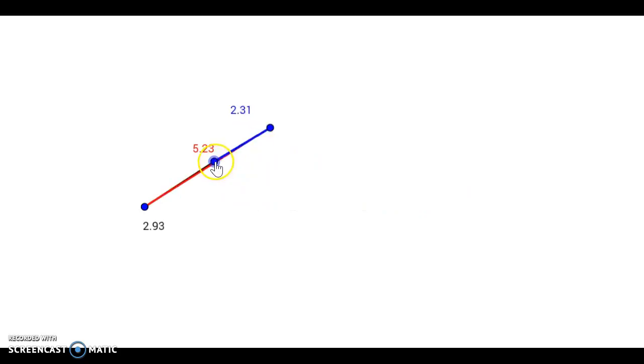If I dragged these here, the only way I have a triangle is if I have numbers that are bigger than that red side. Okay, so that's the first rule we have, is that when you have a triangle, two sides have to be bigger than the third side. So we tend to look to see that two small sides are bigger than the biggest side.